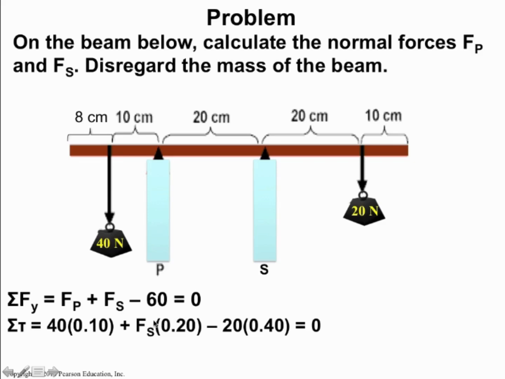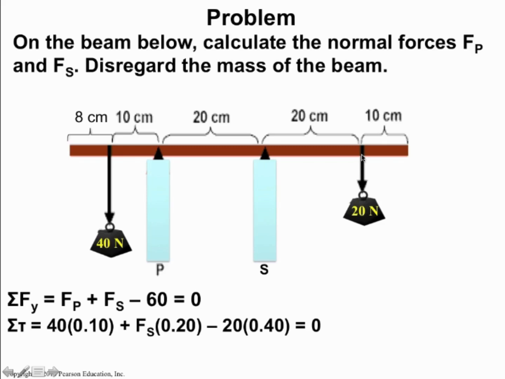Now, why is it positive? Because if you look at this force, which is going up, and if you pretend that the whole thing could move, this upward force would cause the whole beam to move in a counterclockwise direction. And counterclockwise is positive.